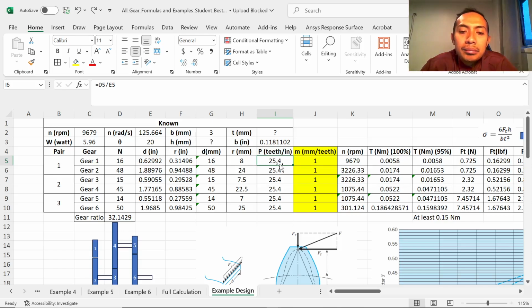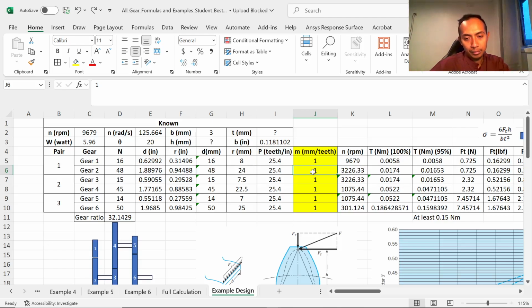So the diametral pitch is slightly different, depending on your preference. If you want to use module, just use this value. Easy. This is for a small gear, but if you want to make a bigger gear, of course you need to make it bigger.